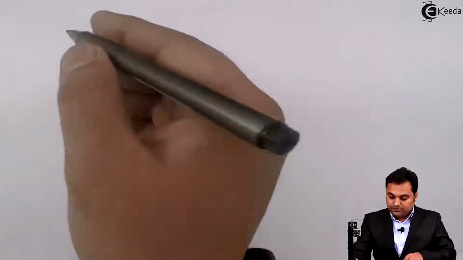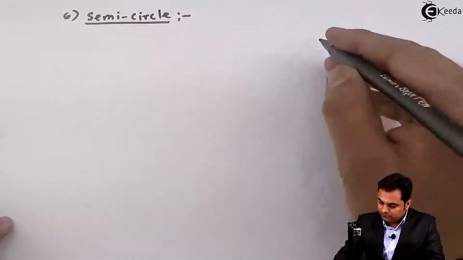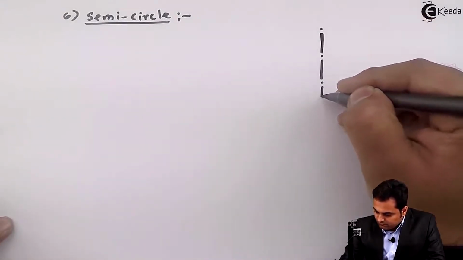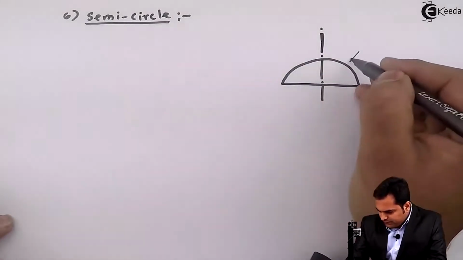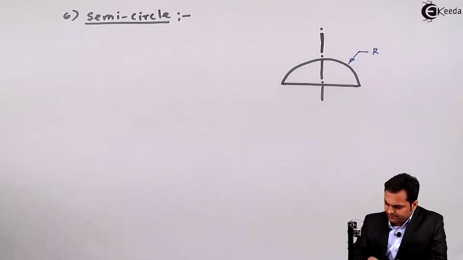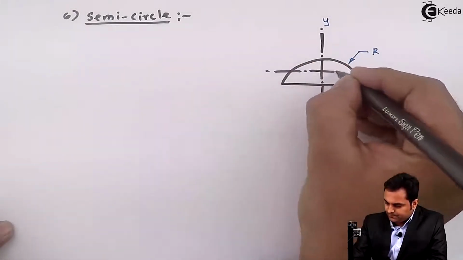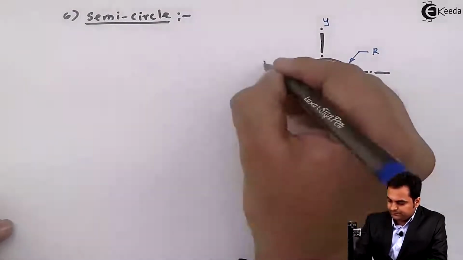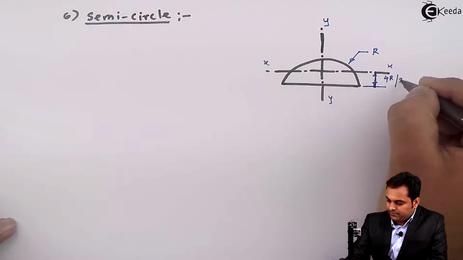Next, after the triangle, the next figure is a semicircle, that is the sixth one. Your semicircle is having radius capital R, and this is the y-axis. The x-axis will be located at a distance 4R upon 3 pi.